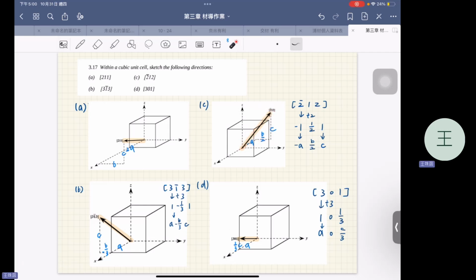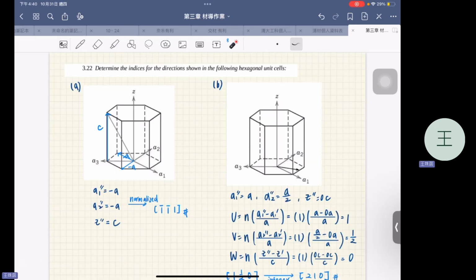For the last one, I'll do the same thing, dividing by 3 to make one component 1. So it's a, 0, and c divided by 3. There's nothing happening on the b-axis, so it's just a and c divided by 3. So the direction is here. Okay, that's all for 3.17.